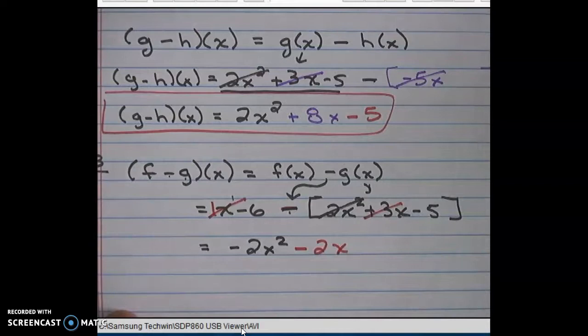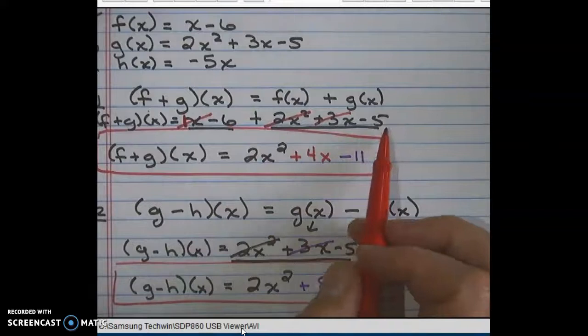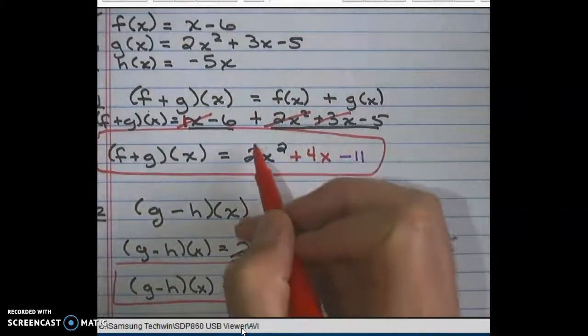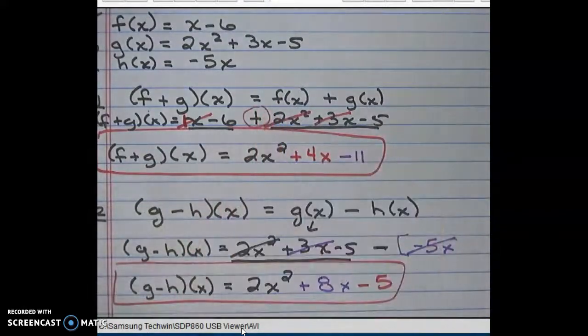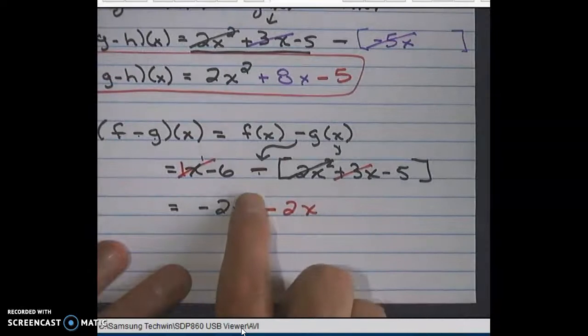And then at the end, I have negative 6 take away a negative 5. Some people think of it as just negative 6 subtract 5 because that's what we did up here. We did negative 6 subtract 5 is negative 11. But in that one, we were adding. And because we were adding, I can do negative 6 plus negative 5. In this one, we're not adding, we're subtracting.